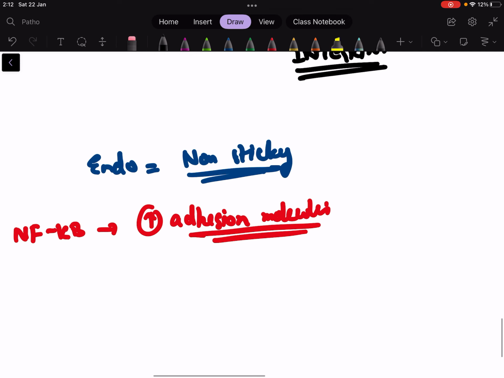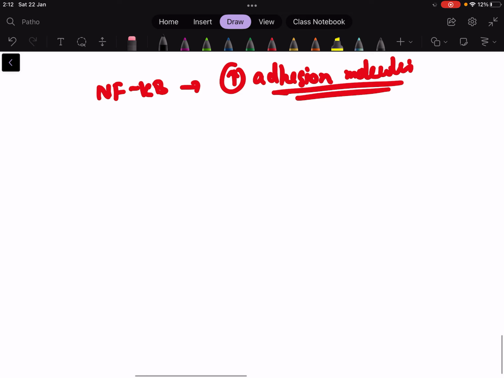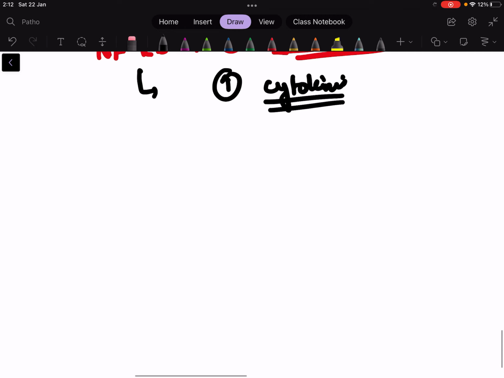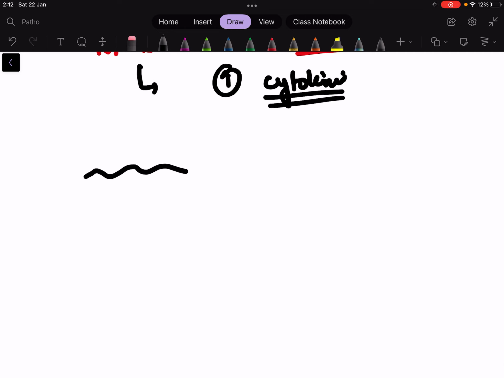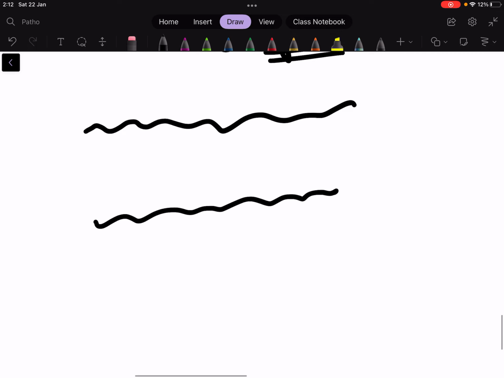So what is the function of the NF-kB pathway? It increases the adhesion molecules like selectins and integrins, and not only that, it increases the cytokines. I will draw a basic diagram here. This is the blood vessel, and here is the site of infection.